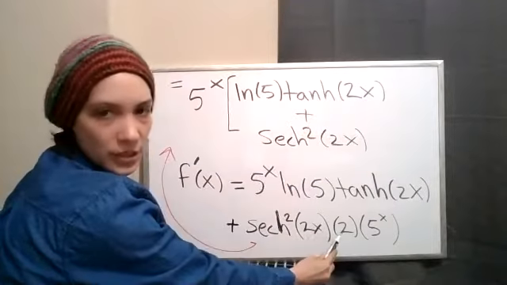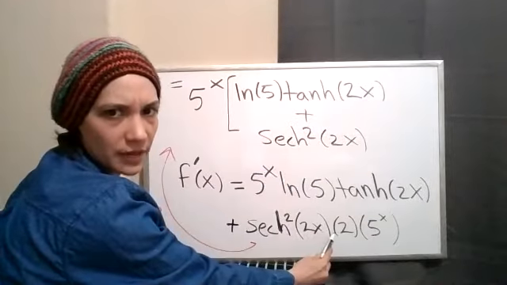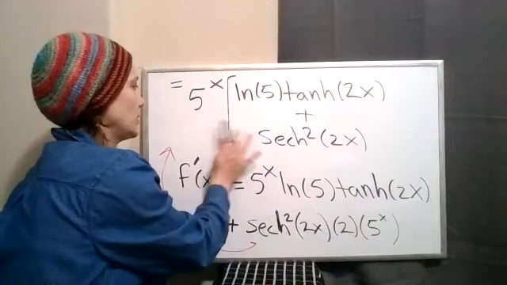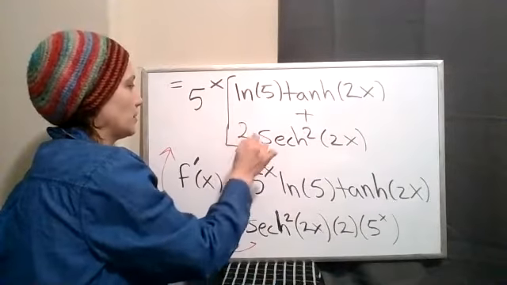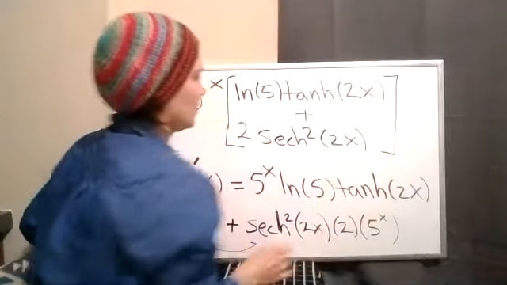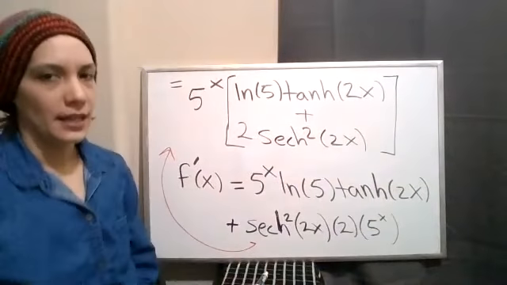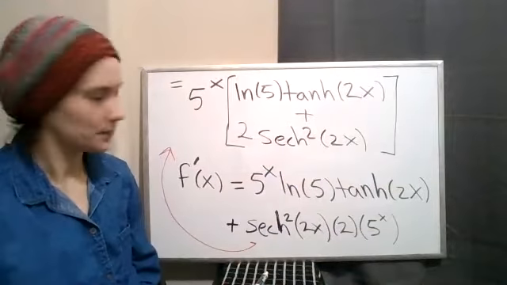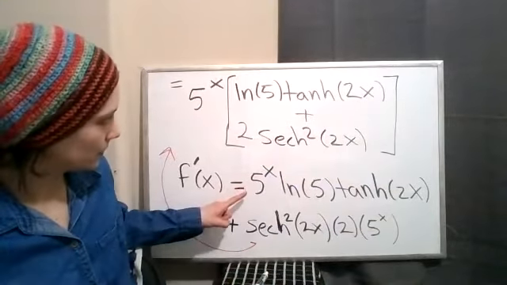Multiplied by, which, you know what, we would read better to have this 2 in the front. So we'll put this down times 2. Okay, looks okay to me. Next.